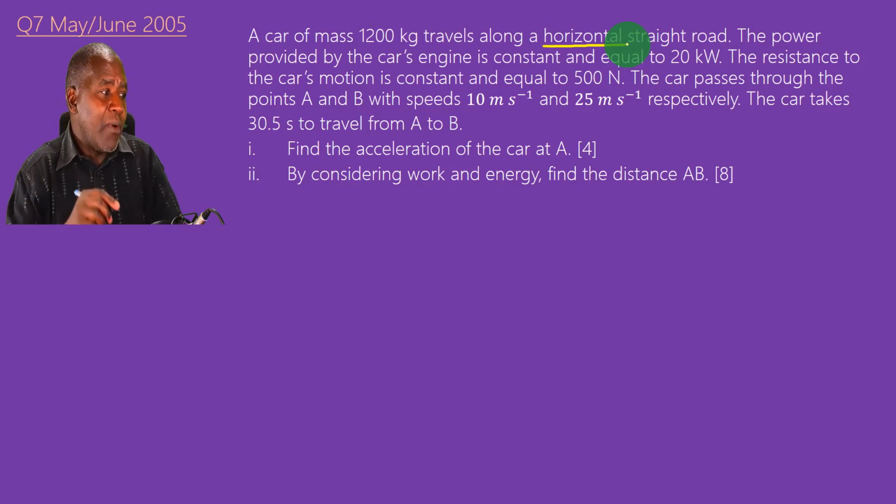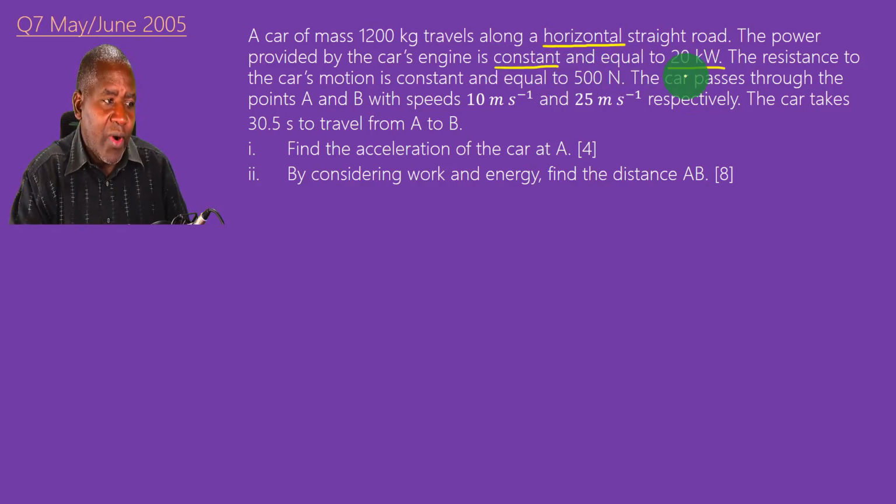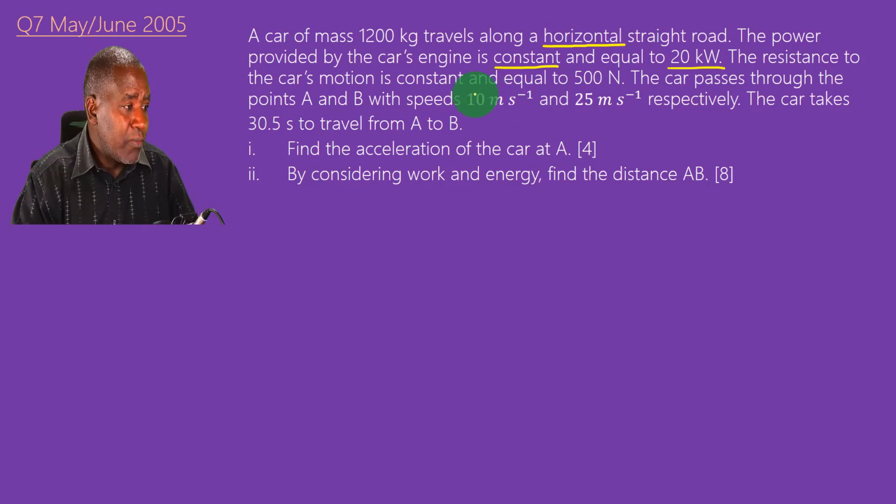Next, the power provided by the car's engine is constant and equal to 20 kilowatts. We're going to see how we use that idea that power is constant. In other words, the power is not changing. The resistance to the car's motion is constant, again, and equal to 500 newtons. There is resistance on that car.